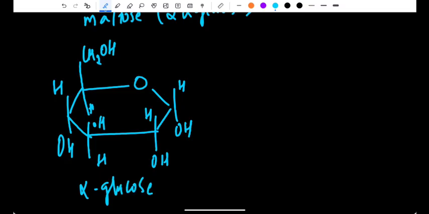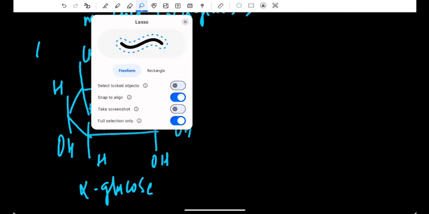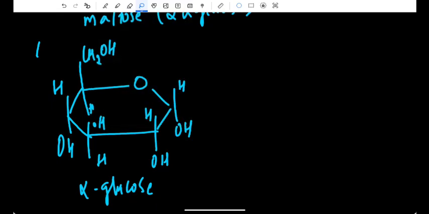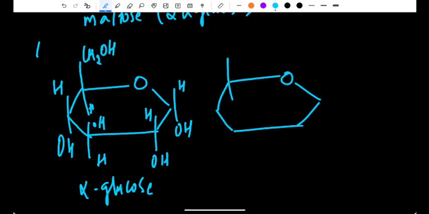Like this, another alpha glucose will be present, right? One oxygen, first carbon, second carbon, third, fourth, fifth, and the sixth.